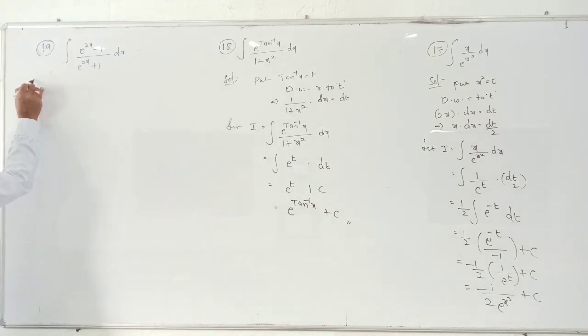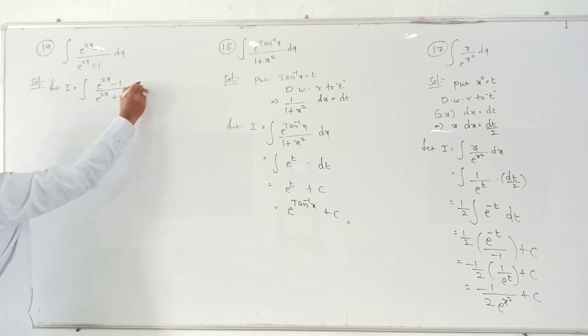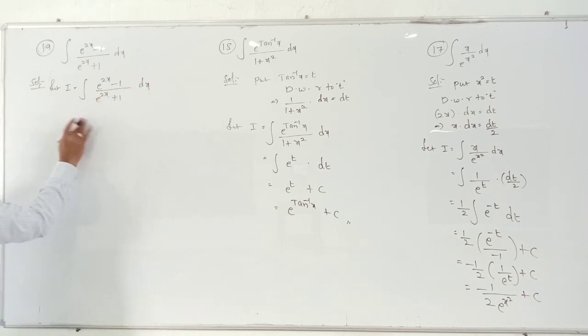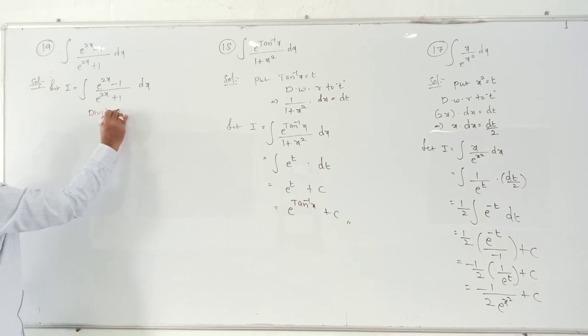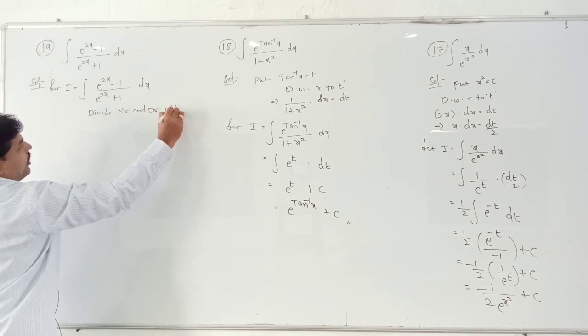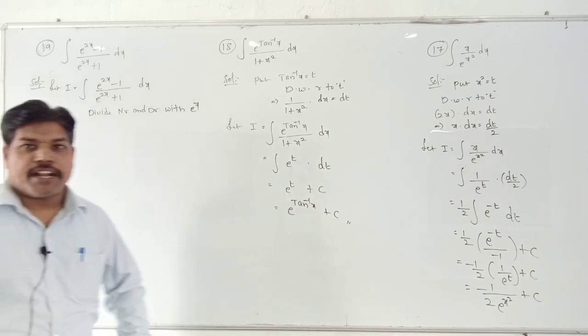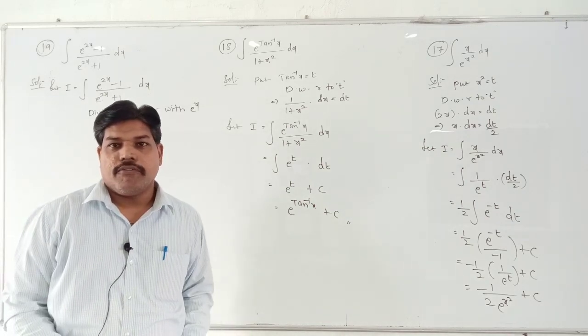So first I will take that. Let I is equal to the integral of e power 2x minus 1 by e power 2x plus 1 into dx. So I am dividing the numerator and denominator both with e power x.